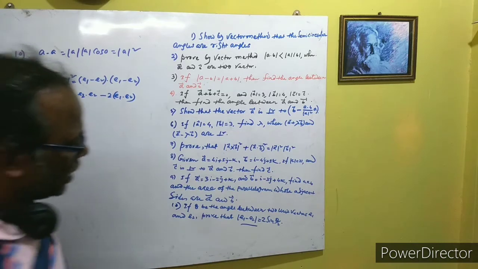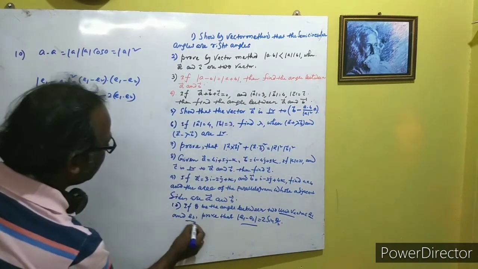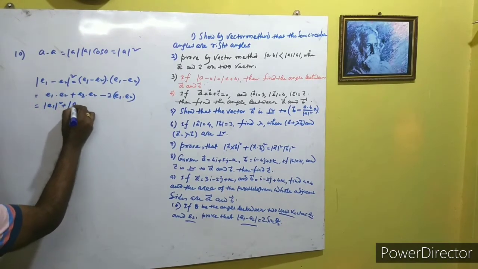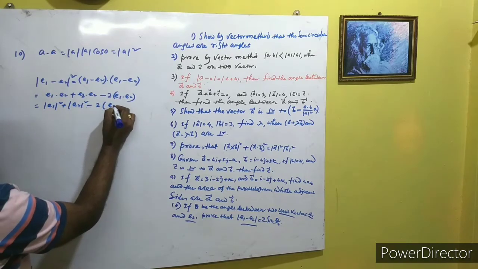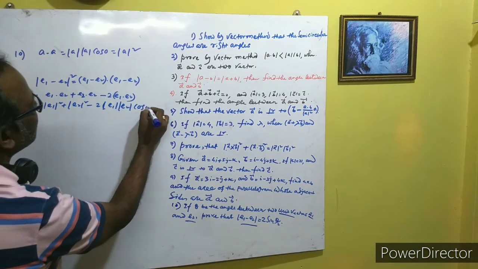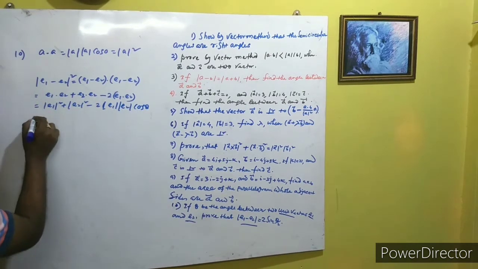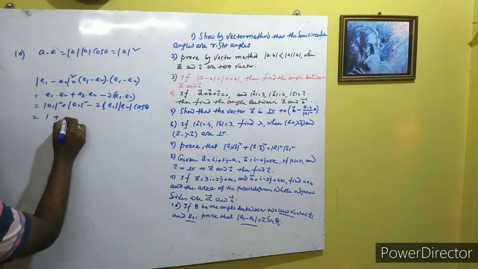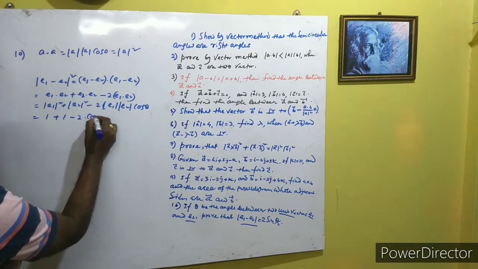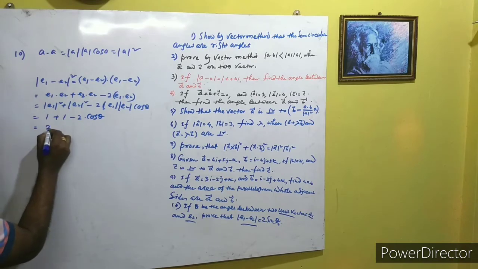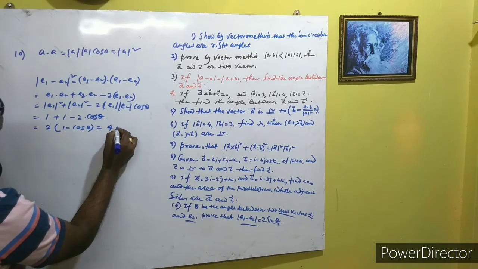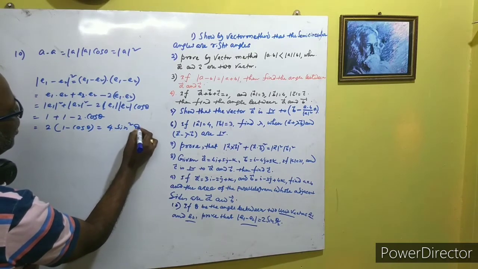Now E1 and E2 are both unit vectors. So we can apply mod E1 square, mod E2 square, and minus 2 into mod E1 mod E2, and the angle between them is given as theta, so we write cos theta. And as these are unit vectors, the length is 1, so mod of E1 and mod of E2 are both 1. So we take 2 in common, 1 minus cos theta, so we can write 4 sine square theta by 2.